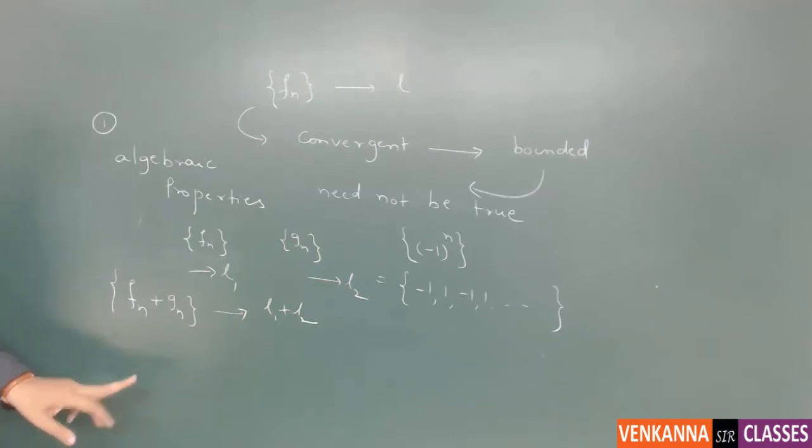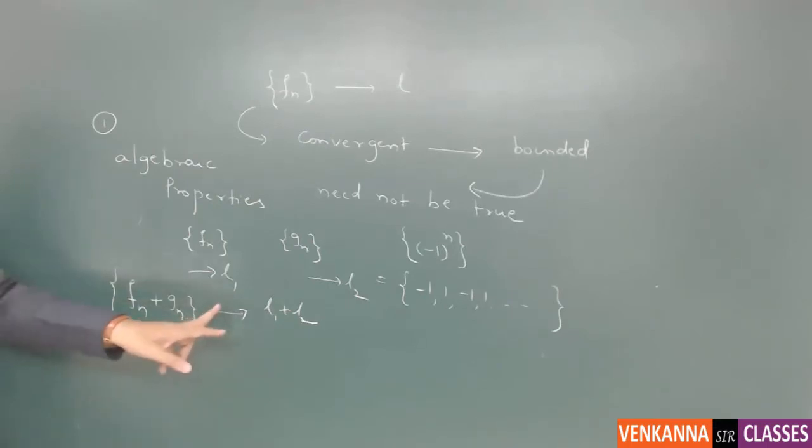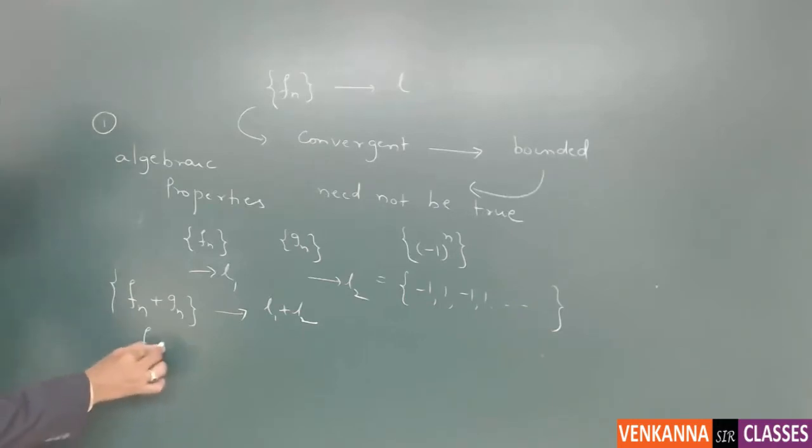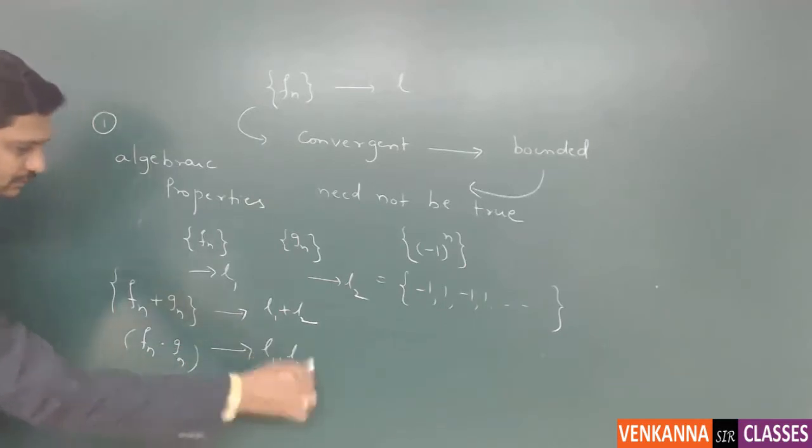Right. In the same way, you define it for the negative also. Fn minus Gn will tend to L1 minus L2. That is one property. You can consider the product also. If you define the product Fn into Gn, it will tend to the product L1 into L2.